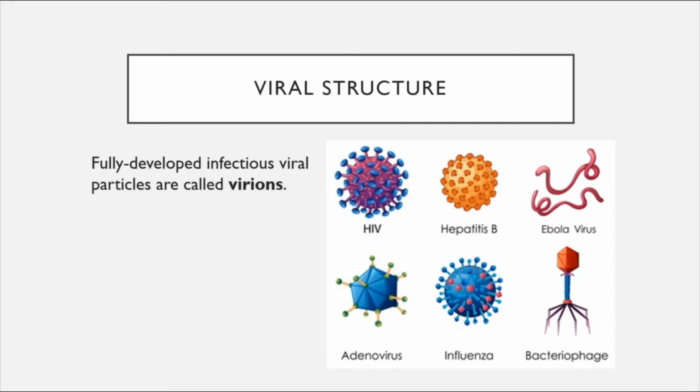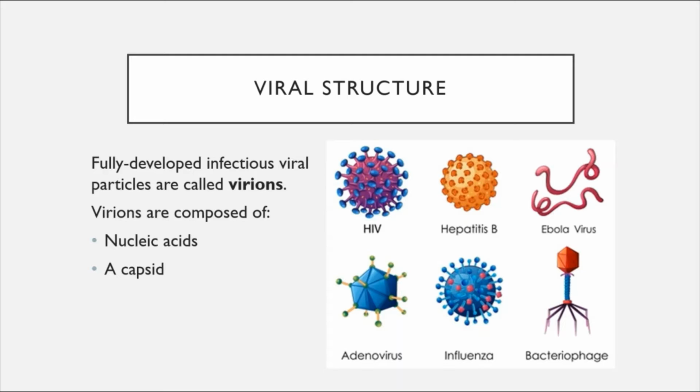As you can see, the structure of a virion can differ quite a bit from virus to virus. Here we see a variety of viruses: HIV, hepatitis B, Ebola, adenovirus, influenza, and bacteriophages. However, regardless of the type of virus and the disease that it causes, they all have the same basic structural components.